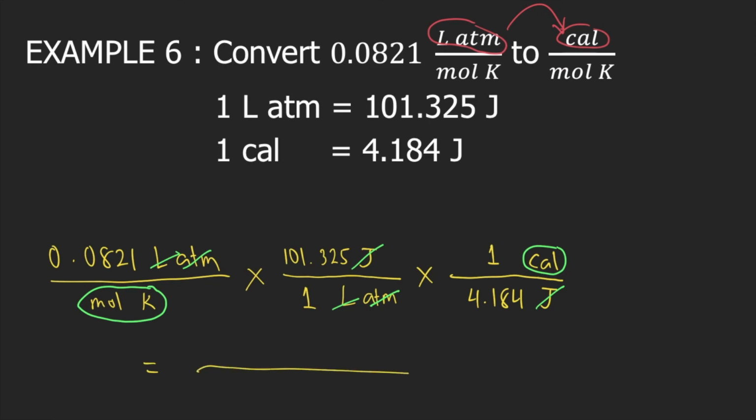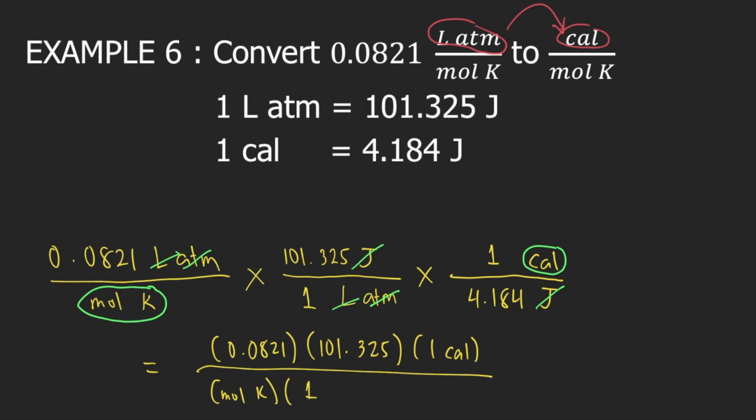So this is equal to, on top we have 0.0821 times 101.325 times 1 cal, and on the bottom we have mole Kelvin times 1 times 4.184, and if you solve this in your calculator, you will get the answer 1.988, and the unit would be calories on top and mole Kelvin on the bottom.